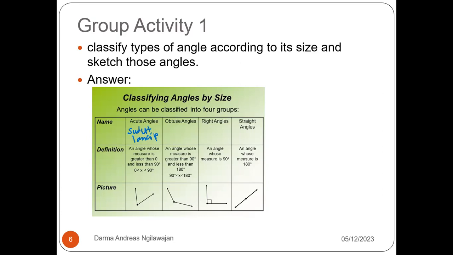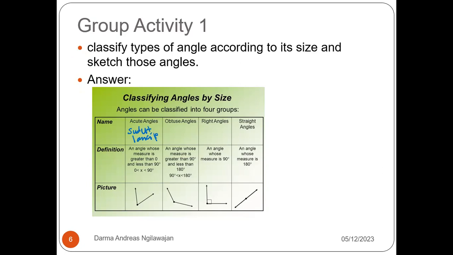In bahasa we call obtuse angles as what? Sudut tumpul, Pak. Good. Sudut tumpul.